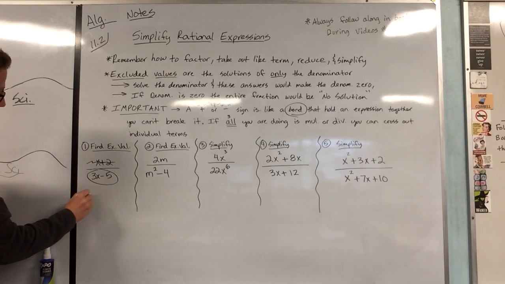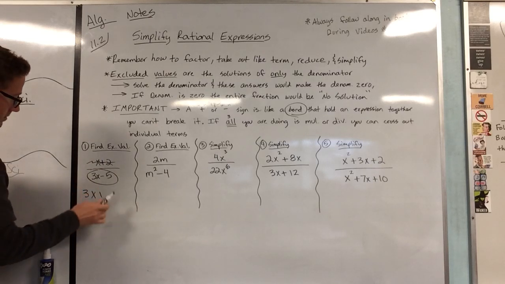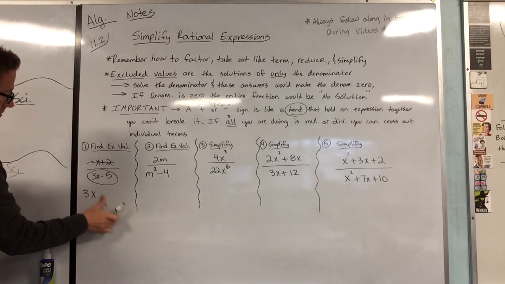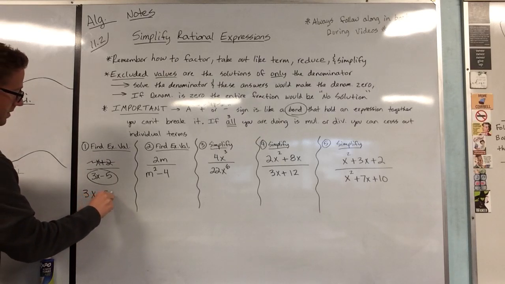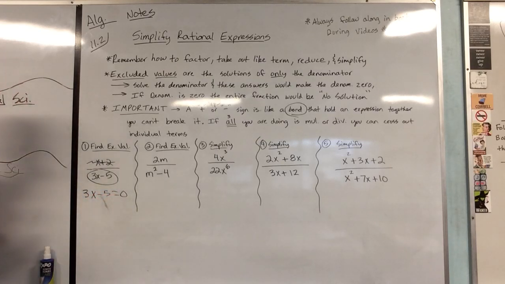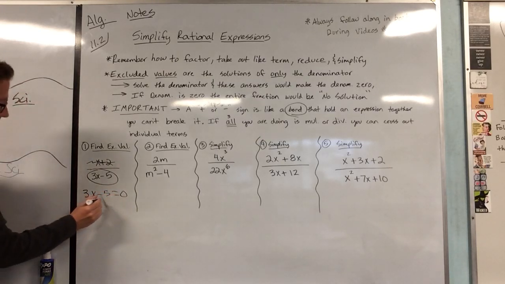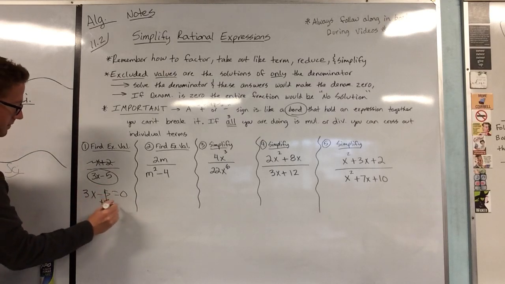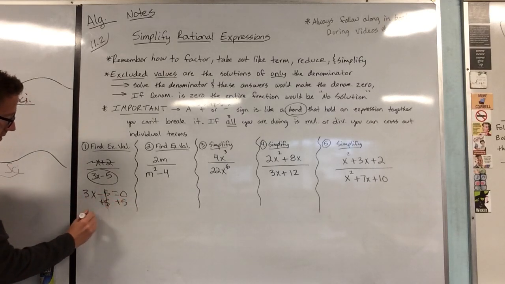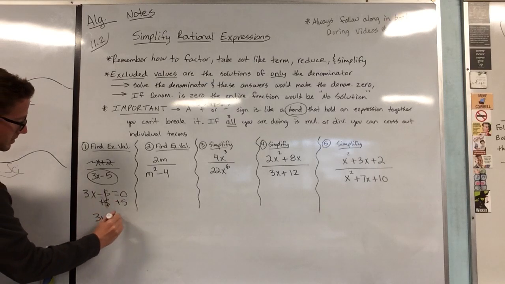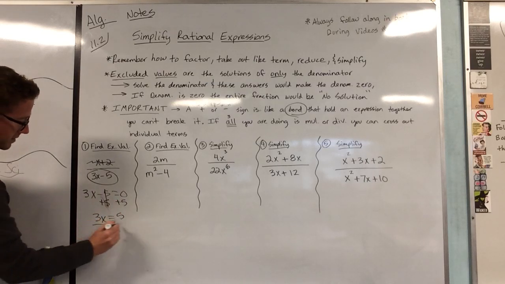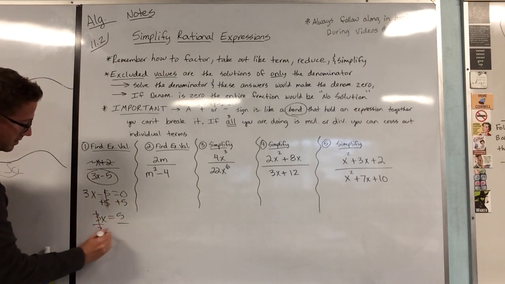So we don't care about that numerator, we just care about that denominator. So I'm going to take that denominator of 3x minus 5 and set it equal to 0. Solve for x. Plus 5, plus 5. 3x equals 5. Divide both sides by 3.